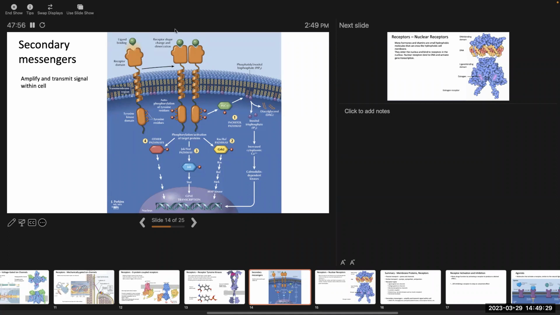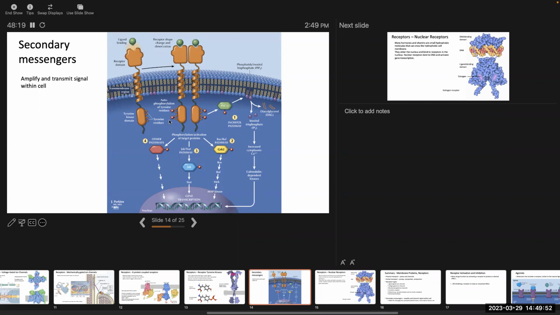So in response to the ligand, really this is probably inaccurate, because there probably should just be one ligand up here binding to both proteins, creating a dimerization. So you probably wouldn't have two separate ligands. But then the dimerization, the activation, causes phosphorylation of those tyrosine residues.